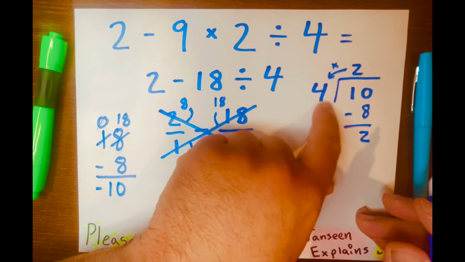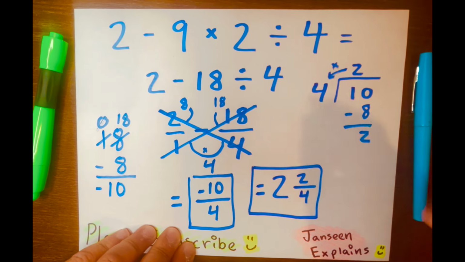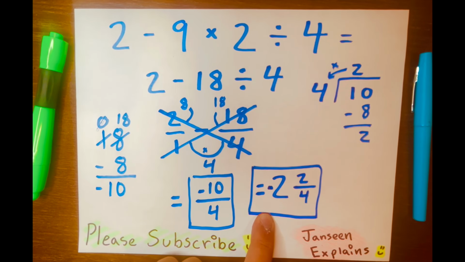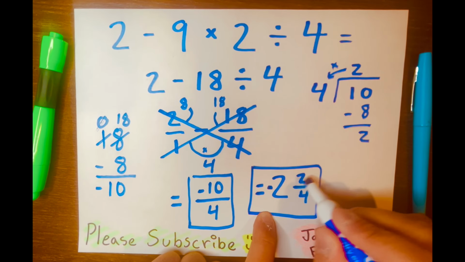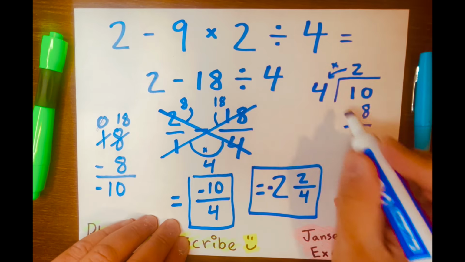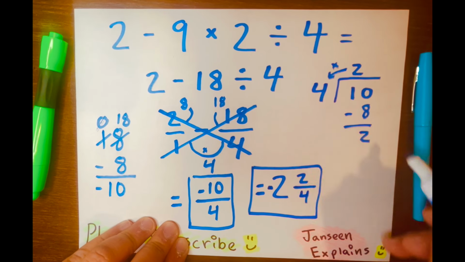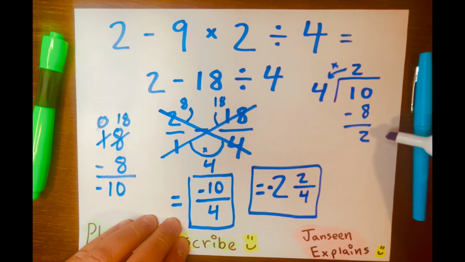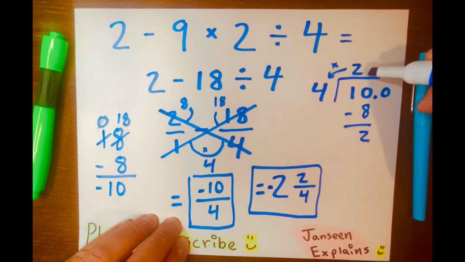Now let's continue the long division to get our decimal answer. Oh, and this is negative. Can't forget that. So it's negative 2 2/4. All right, so let's continue the long division here. How many times can 4 fit into 2? You cannot, so we need to borrow a 0. So I'll add a decimal after the 10 and also a decimal after the 2.